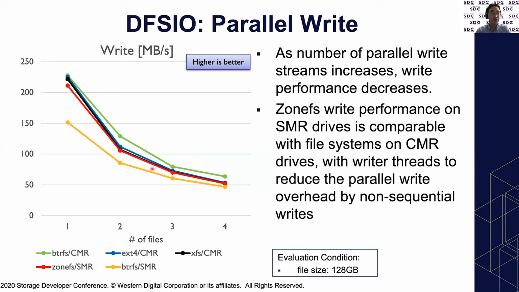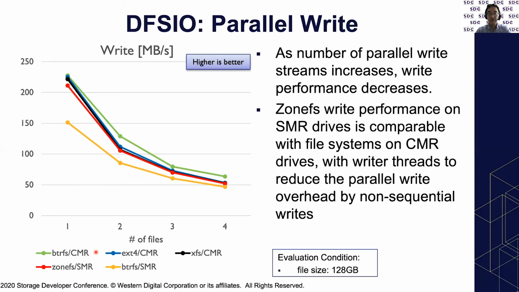The red line shows the throughput of ZoneFS on SMR. This ZoneFS throughput is comparable to other file systems on CMR drives, such as ext4 or XFS. ButterFS on CMR shows the best throughput.